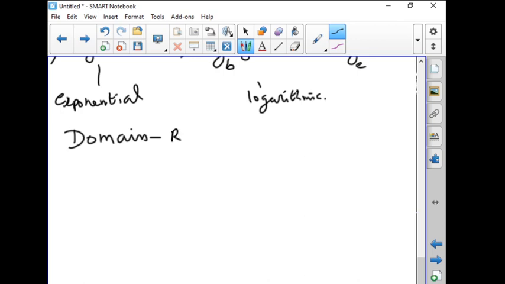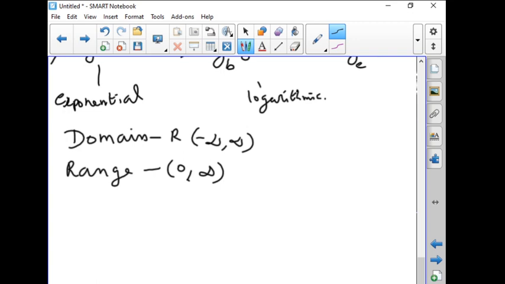R. R we can also write as minus infinity comma infinity. So this is the domain. So what about the range? Range is 0 comma infinity. Okay, this is for the exponential function.